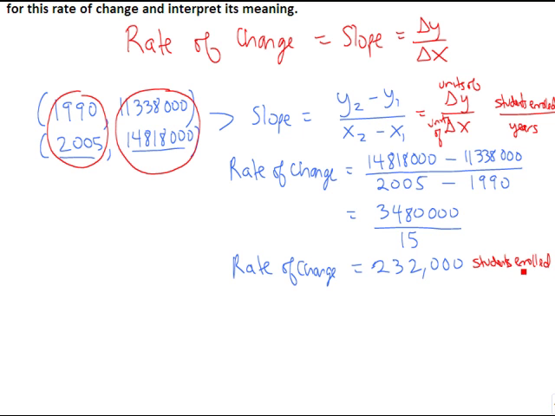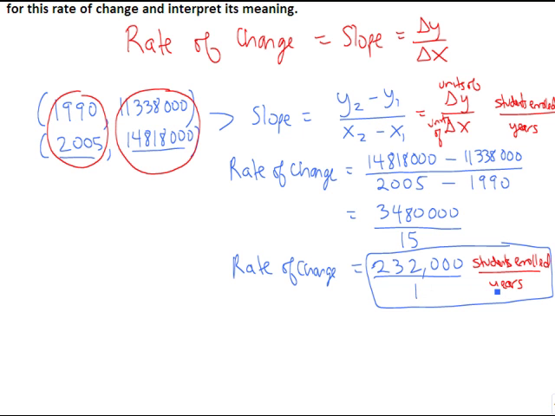over years. Now to make this a little bit more understandable, it's often a good idea to take your rate of change or your slope and put it over 1 so that you can read out what this statement is saying. It's saying we have 232,000 students enrolled per 1 year.